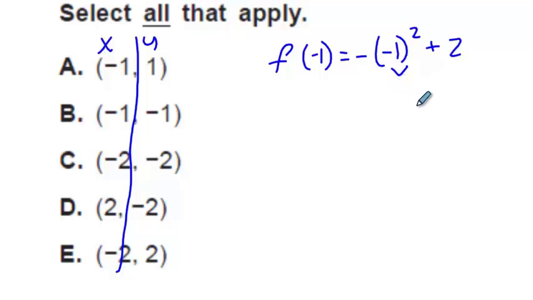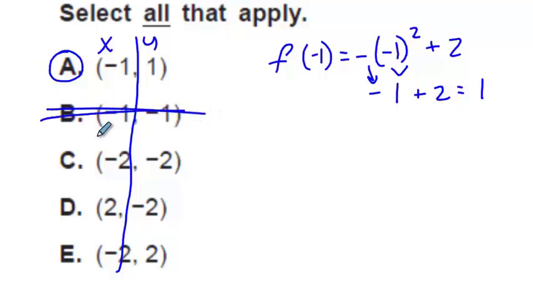Negative 1 squared, what's negative 1 times negative 1? 1. Bring down your negative, plus 2. So what's negative 1 plus 2? 1. So that means this is an answer. This one is therefore not an answer.